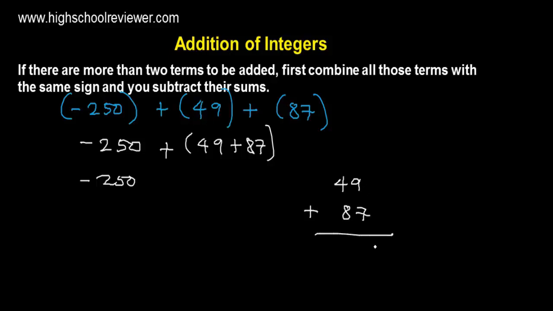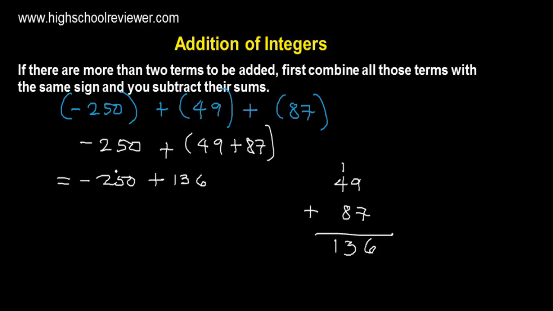We have 9 plus 7, that is 16. Carry 1. 1 plus 4 is 5. 5 plus 8, that will give us 13. So positive 136. So this will be plus 136. So since we are adding unlike signs, we will subtract their sums.